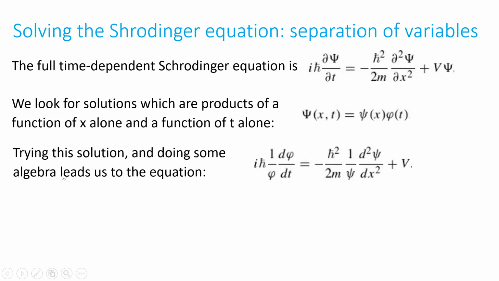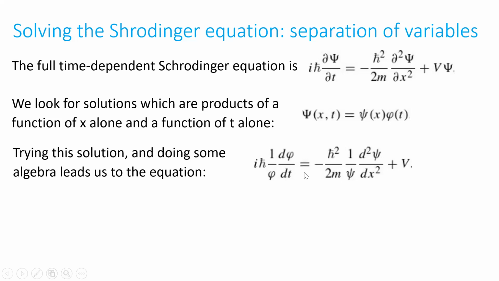It's a few steps having to do with, for example, when you plug in little psi of x, little phi of t here, the partial with respect to t acts only on phi and not, sorry, only on phi and not psi. So you're able to simplify things and divide through by the product of psi and phi and get a nice expression here. But you can check the textbook for the exact steps.